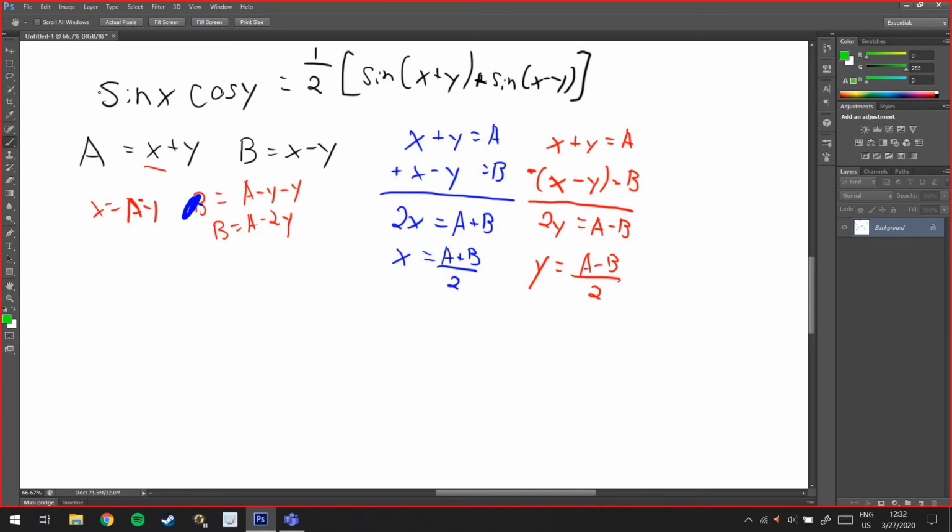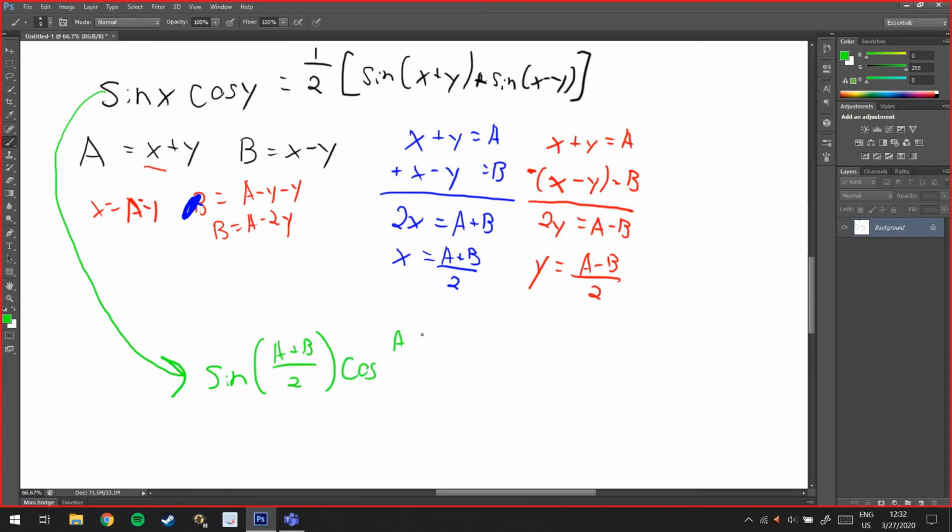So if I bring this down, I know sine a plus b over 2 times cosine a minus b over 2 is all equal to half sine of a plus sine of b.